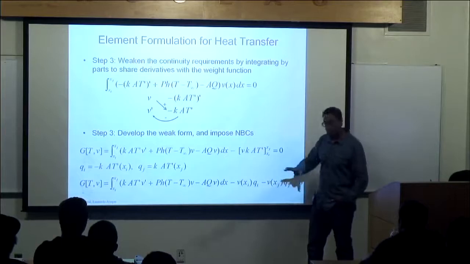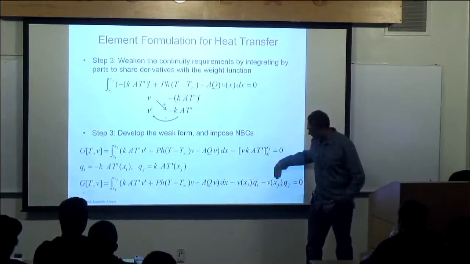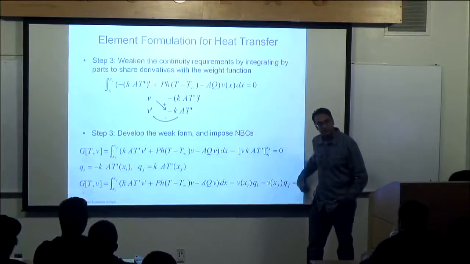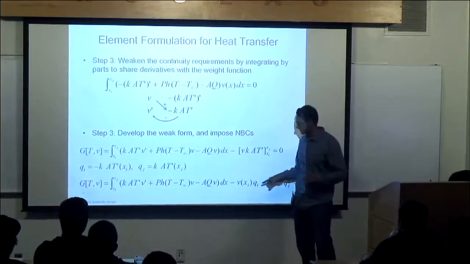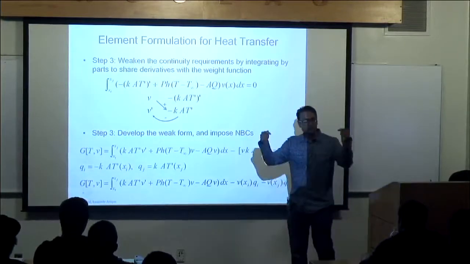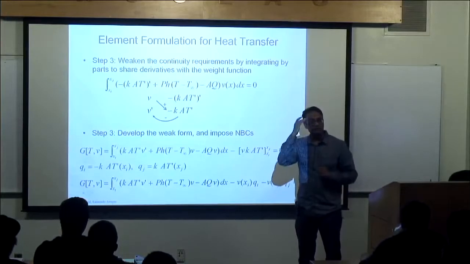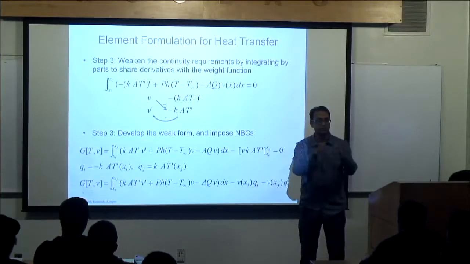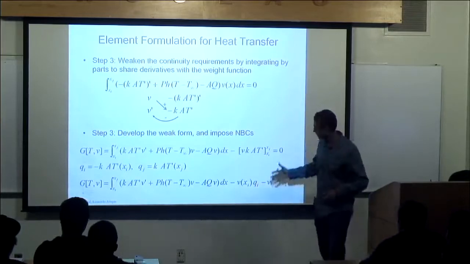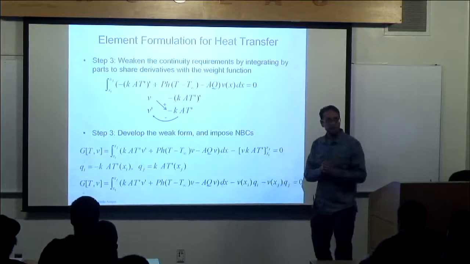It turns out that if you make this minus and minus, and you bring this to the other side, you can see quickly it becomes positive. So this Q, when it's into the system, is positive. You don't have to worry about it. If I have 50 watts coming into the system, you know it's positive, and it will be in the other side, and it will be very obvious. I'll give you some examples on that so you can see.